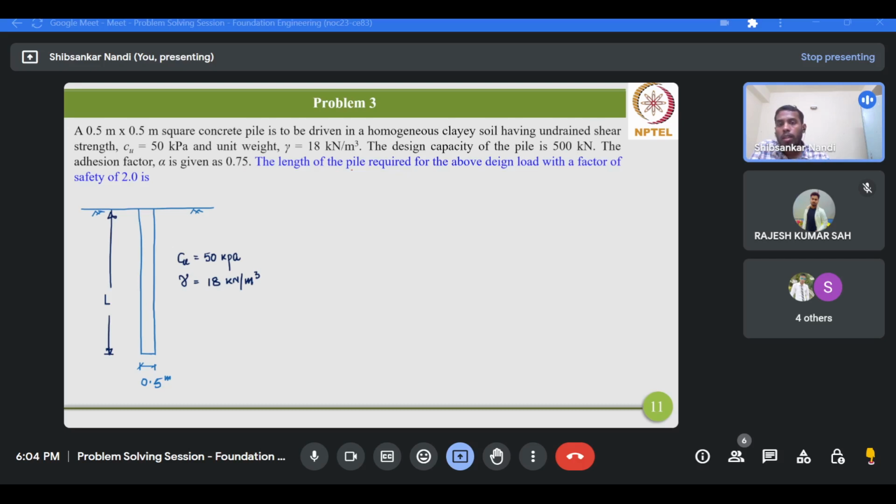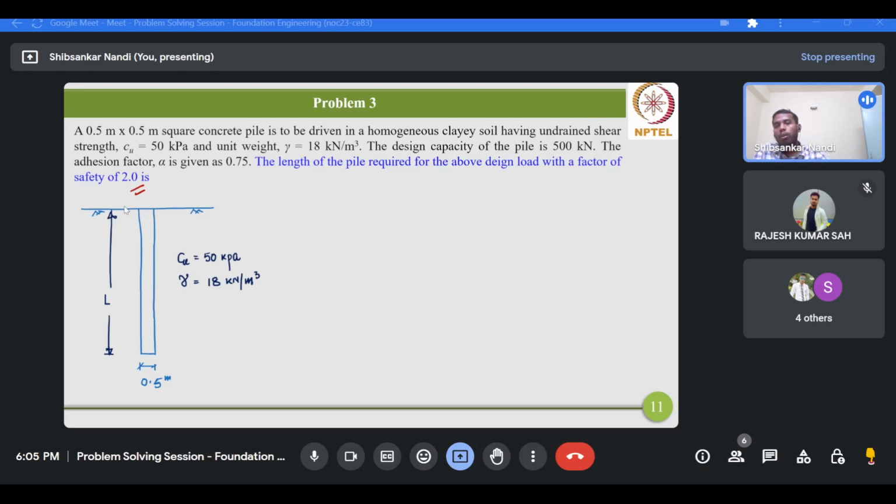We have to determine the length of the pile required for the above design load with a factor of safety of 2. Okay, so in this problem, factor of safety is specifically mentioned as 2. Now, unlike the previous two problems, in which we dealt with mostly cohesionless or granular deposit, in this problem we have to deal with clay soil deposit.